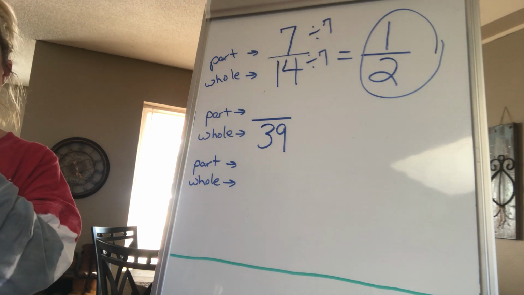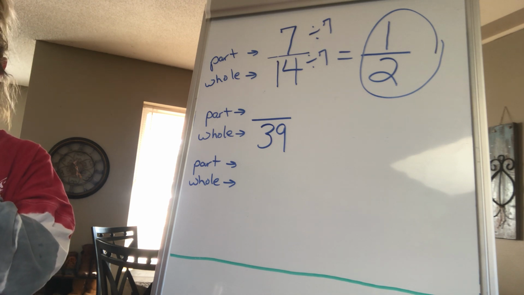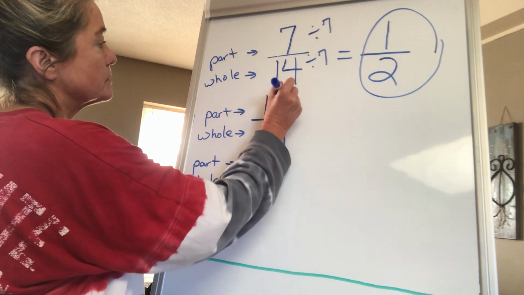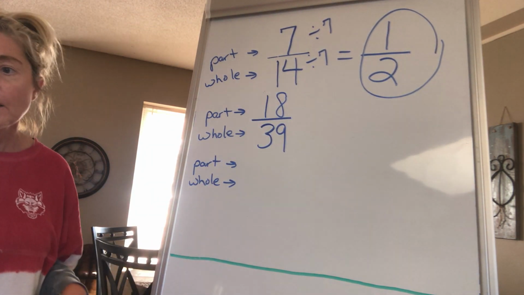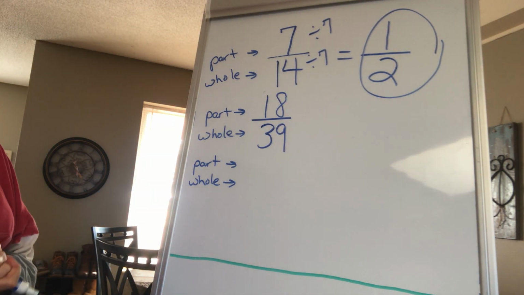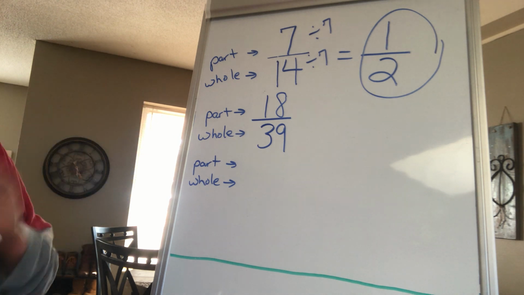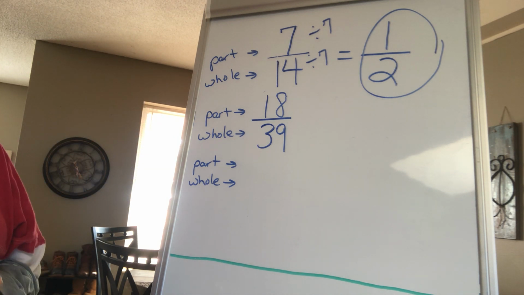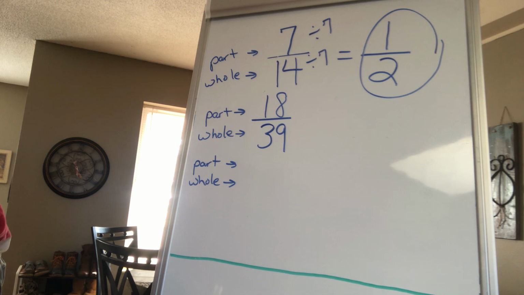So we can throw out 21 because that has to do with cockatoos. But it says she counted 18 macaws. Okay, so now I know that 18/39ths were macaws, and I need to see, is there anything that I can divide both of these numbers by and get a 0 remainder?